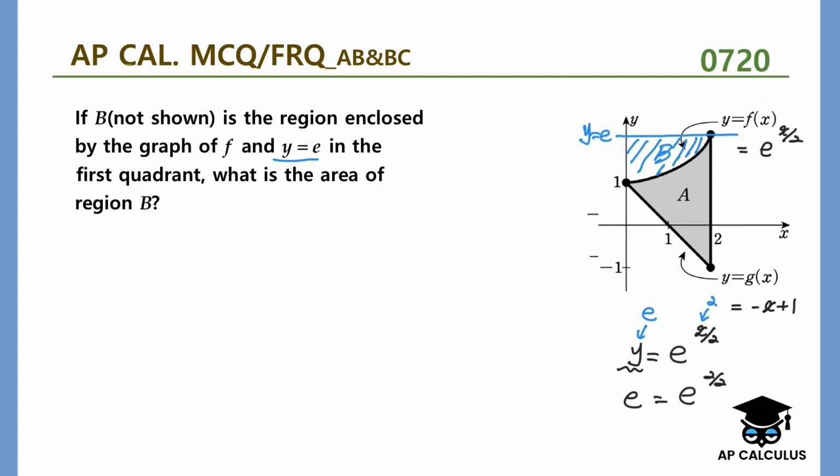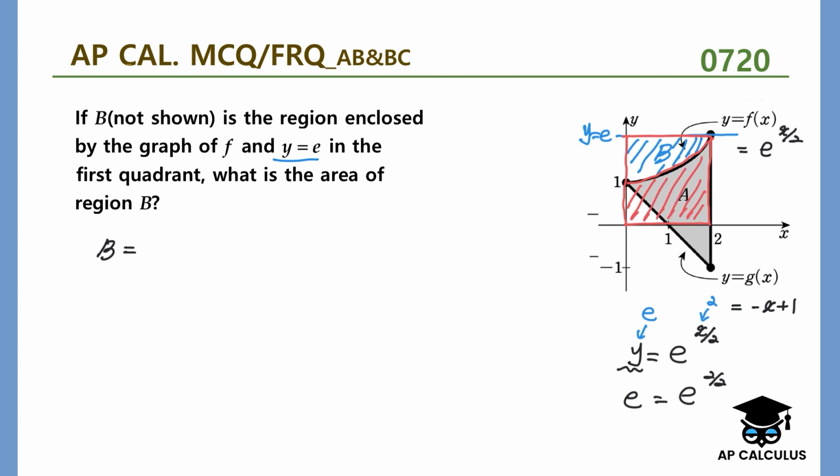So the area of region B is equal to, here, our strategy is we're going to find the area of this rectangle first and subtract the area under this curve right here. This part right here.